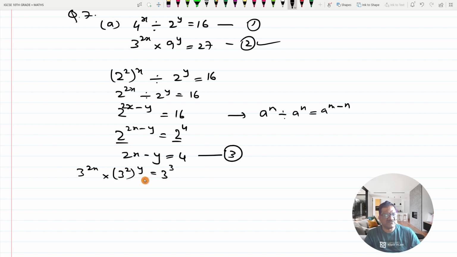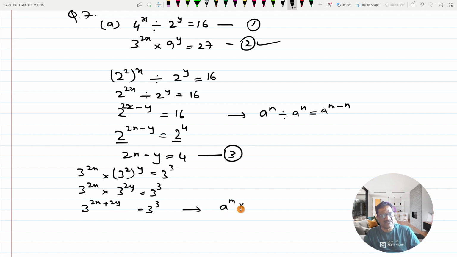Now 3 raised to 2x into 3 raised to 2y is equal to 3 raised to 3. This is multiplication, so I'll be using the rule of product, that is 3 raised to 2x plus 2y equal to 3 raised to 3. Here I am using the rule a raised to m times a raised to n is equal to a raised to m plus n.